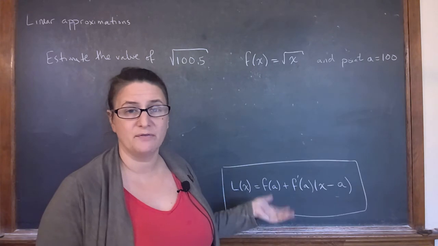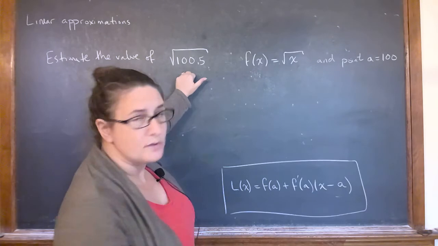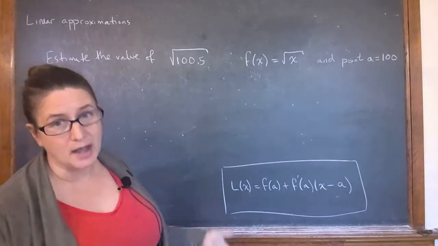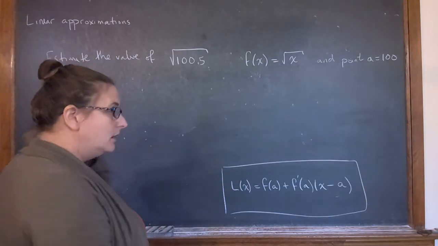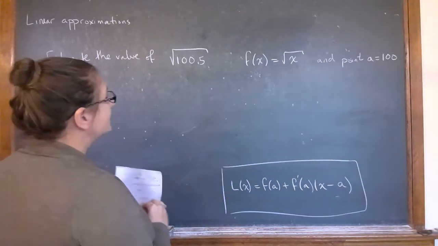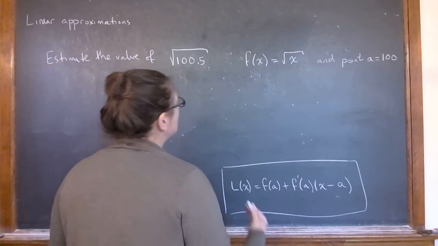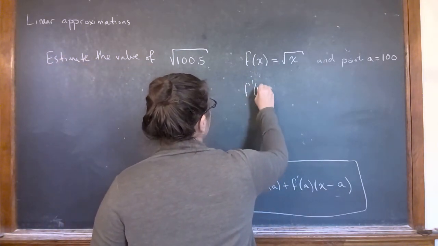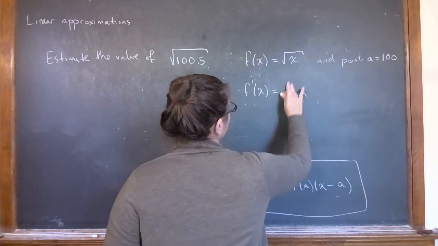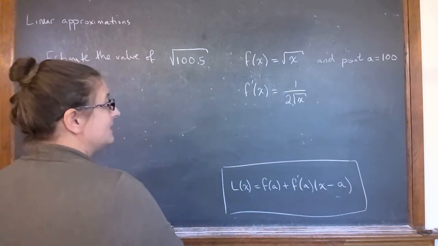Plugging 100.5 into the line is a very easy way to compute something which otherwise, how would you compute this weird square root? Of course, now you can just put it in your calculator, but the calculator is computed too. It's interesting to historically understand why people were doing these sorts of things. And you can see why. So the derivative would be 1/2 x to the negative 1/2. We can write it that way.